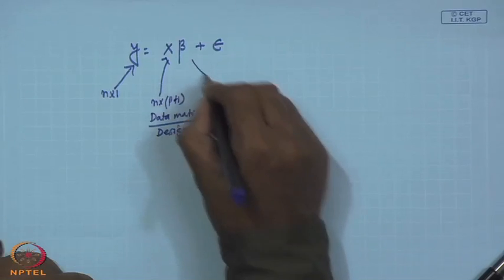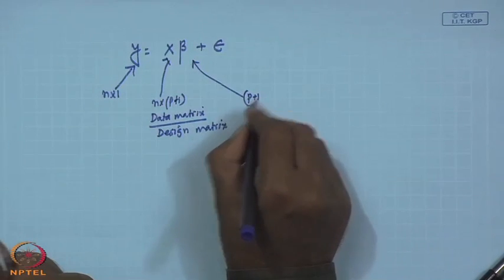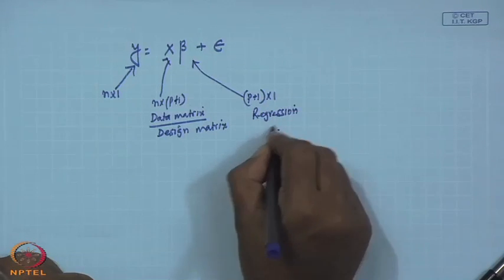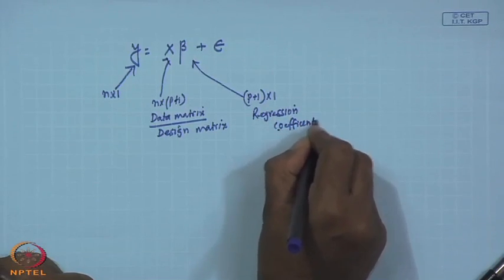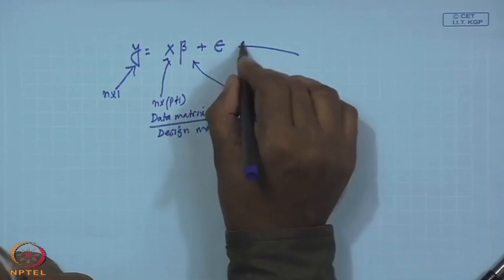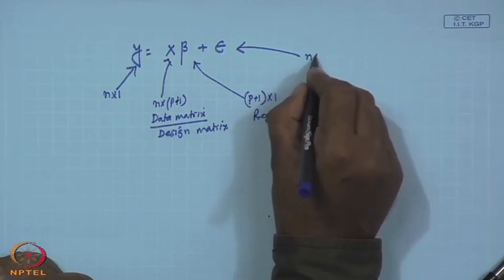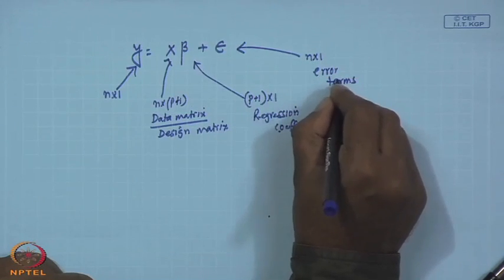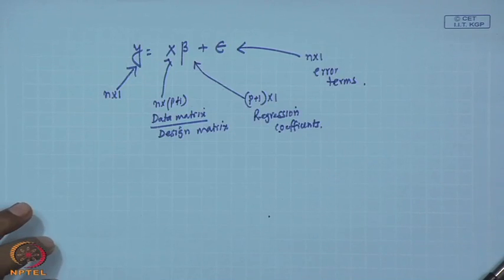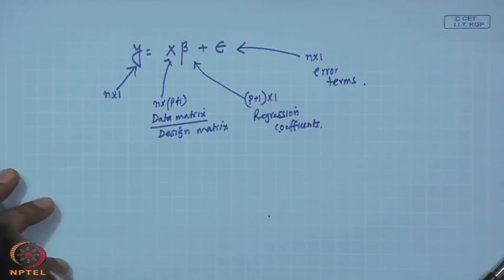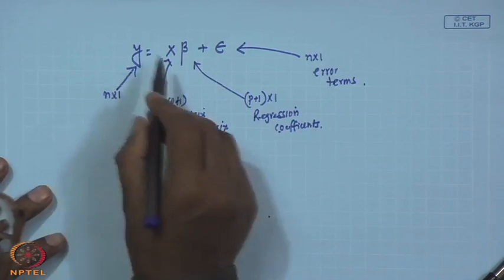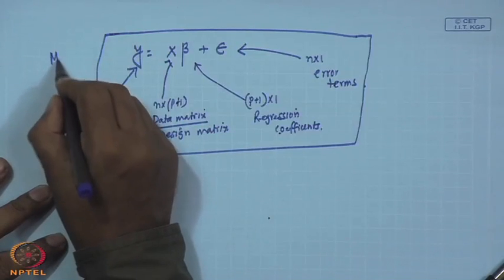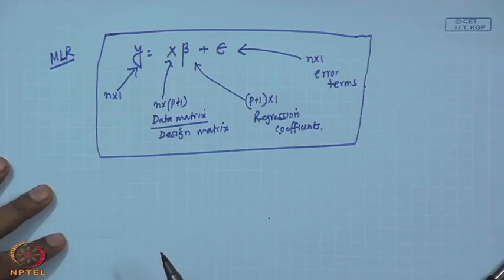Beta is the p plus 1 cross 1 regression coefficients, and epsilon is the n cross 1 error terms. So, this is, in a nutshell, the equation for multiple linear regression in matrix form.